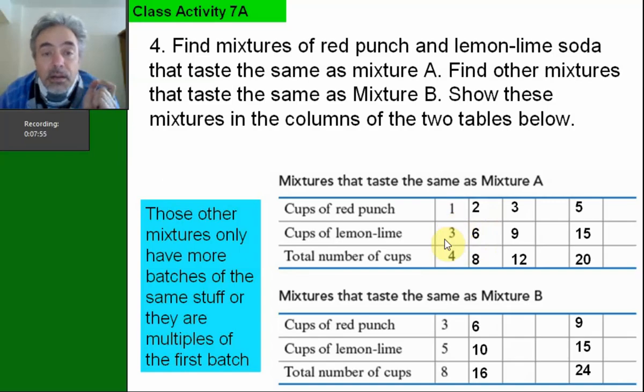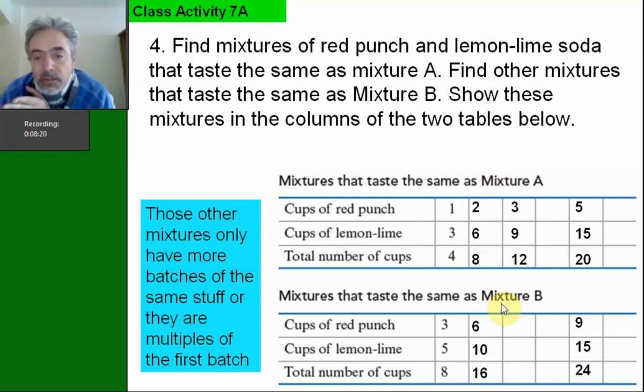So you can tell that yes, the juice is the same from column 1 to column 2. If you add another batch, 3 to 9, it's the same juice as 1 to 3, only more quantities. So you can do multipliers, right? Multiples. So you can have the same juice. So you can tell that all those 4 compositions here are the same mixture A.